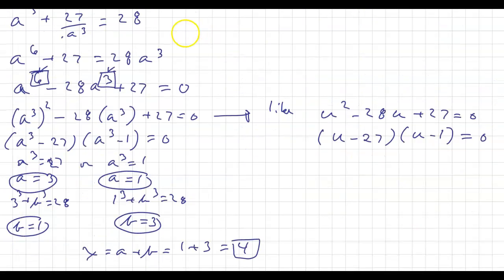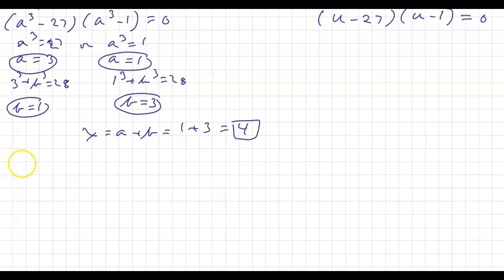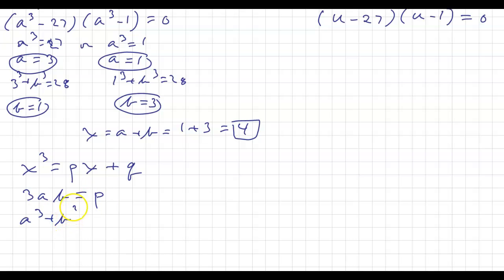So I'll summarize: if my equation is x cubed equals px plus q, if I solve the system of equations 3ab equals p, a cubed plus b cubed equals q, and once I solve for a and b, I can just add the two answers together. So that's a longer way of doing it without the formula.